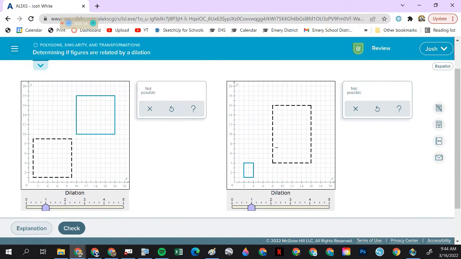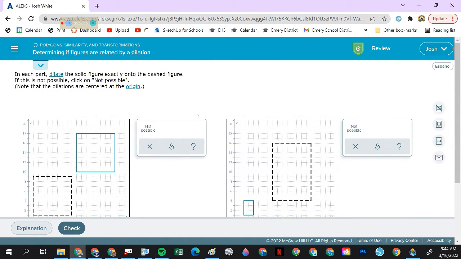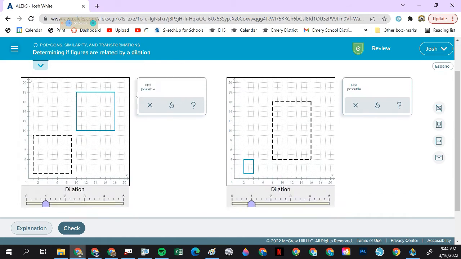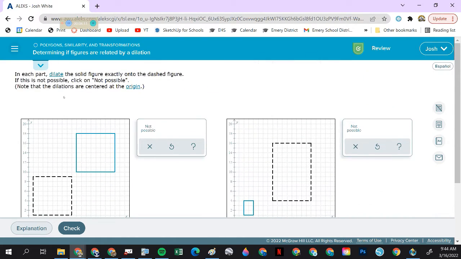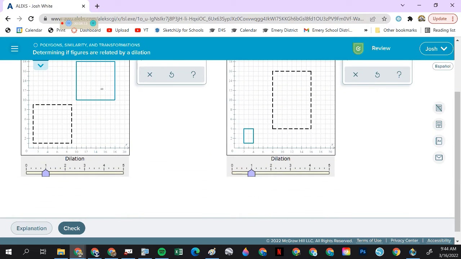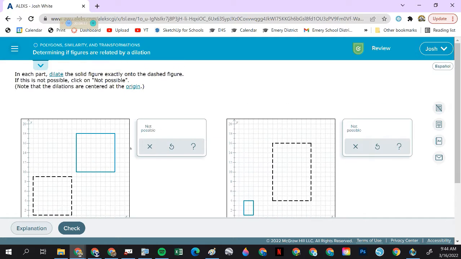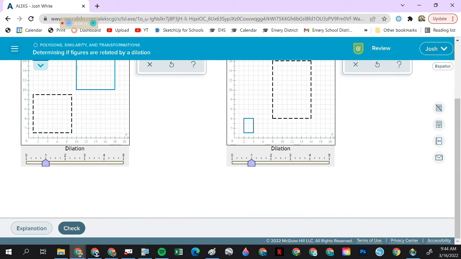Problem number 2, are these figures, can I use a dilation to change one figure into the other? If this is a dilation about the origin, can I take the solid figure and dilate it and end up with the dashed figure?